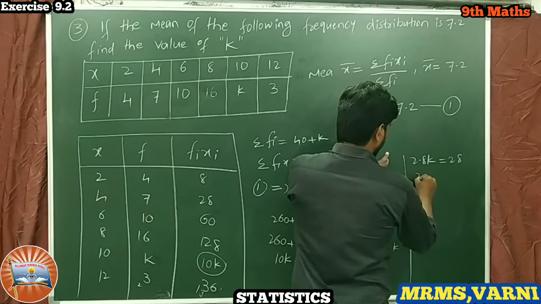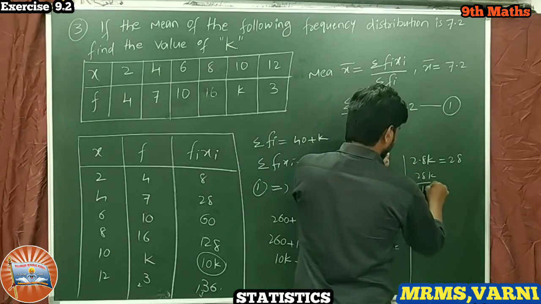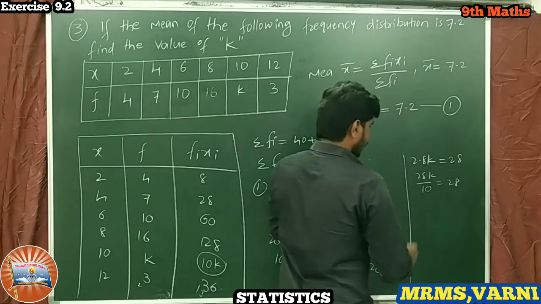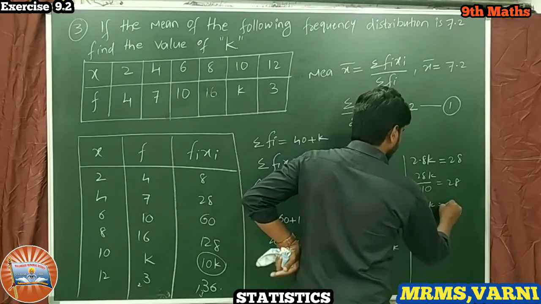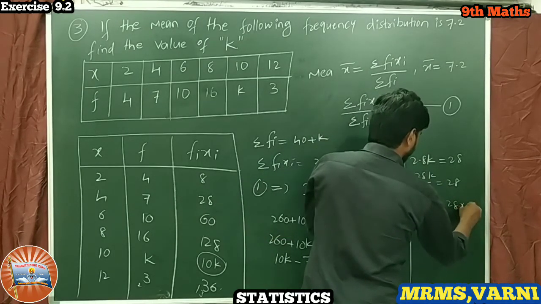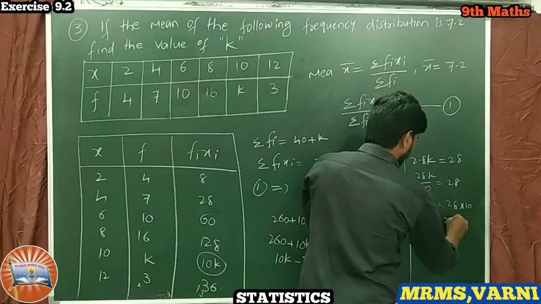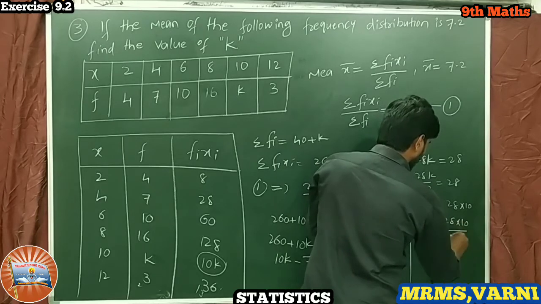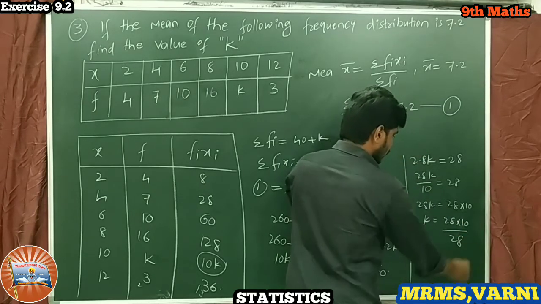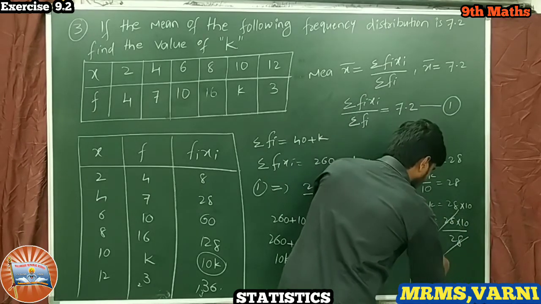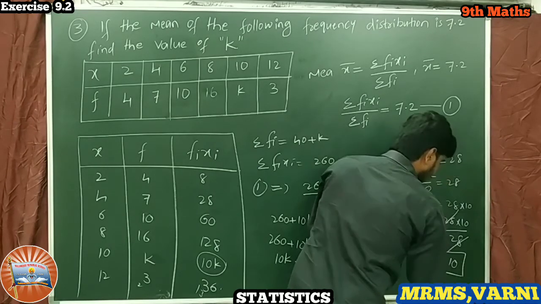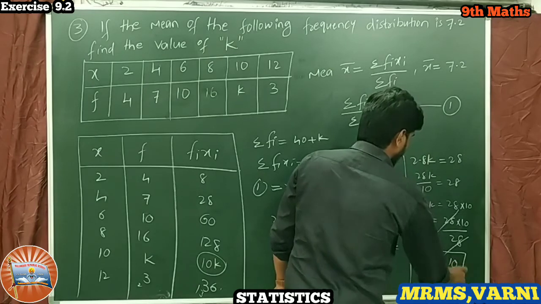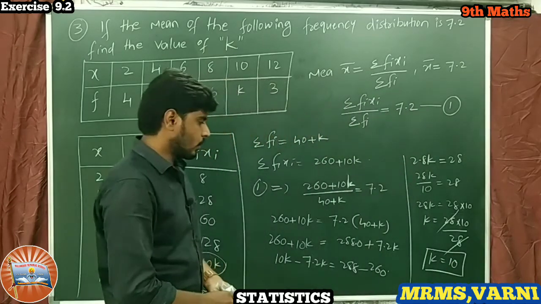So 28k by 10 is equal to 28. I am removing the decimal point, that's why I am writing 10 here. So 28k is equal to 28 into 10. So k is equal to 28 into 10 by 28. So 28 gets cancelled. K is equal to 10, the frequency value. So we got k value equal to 10.